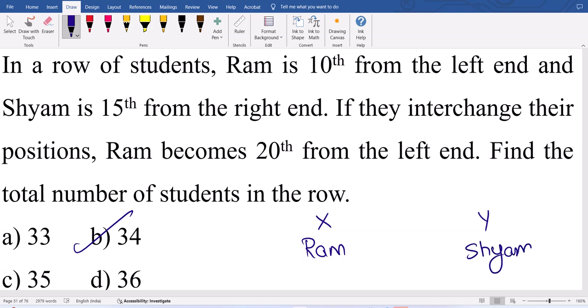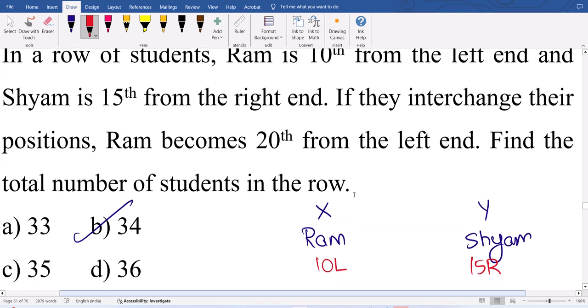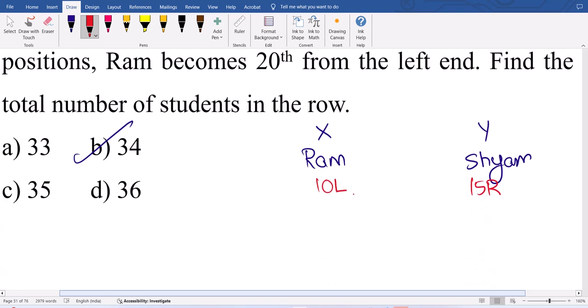Let us assume you people are sitting in a row. Ram is sitting at X place and Sham is sitting at Y place. Fine. Ram is 10th from the left end. Sham is 15th from right end. Now they interchange the positions, meaning Ram comes here, Sham comes here.